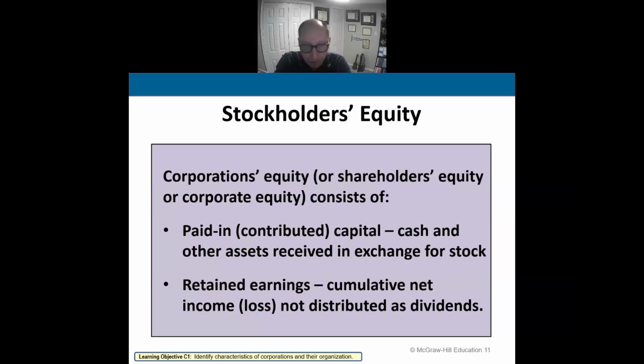The statement of retained earnings represents the net income from the end of each accounting period minus any distributions. Distributions are known as dividends or an owner's withdrawal. So retained earnings is what is retained in the business. That's why we call it retained earnings. It's held in the business at the end of the accounting period.